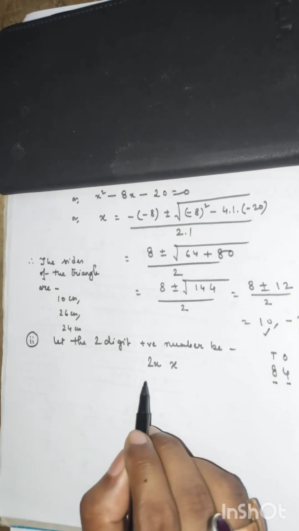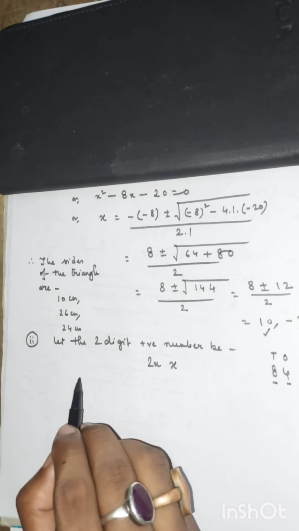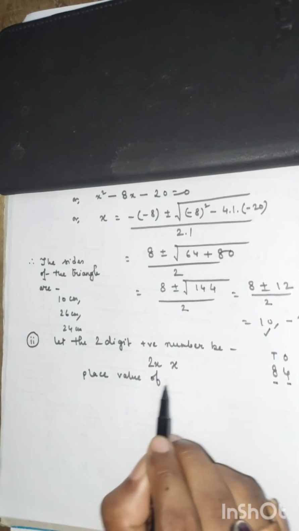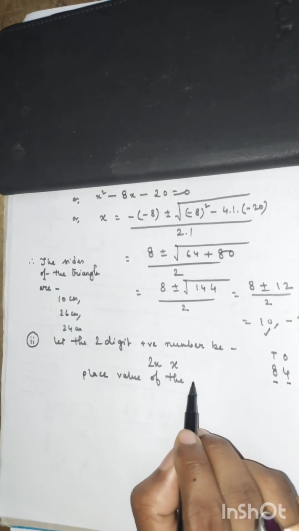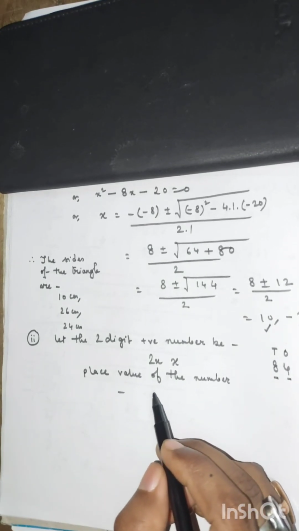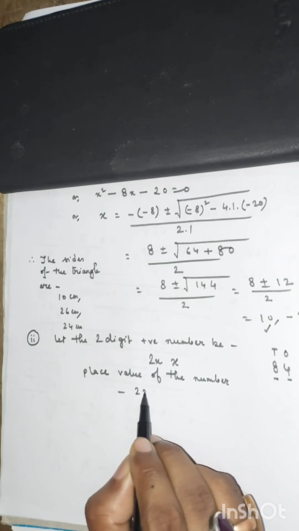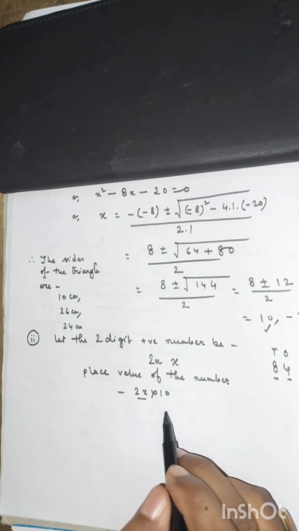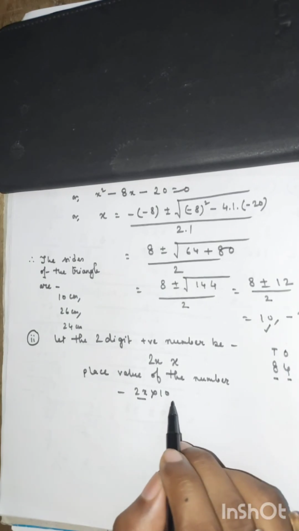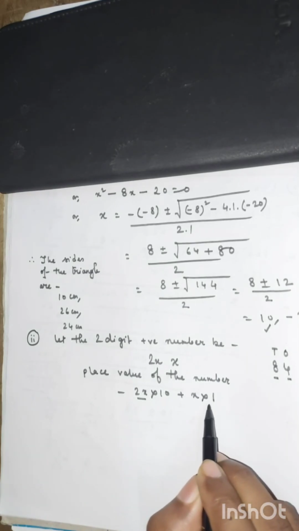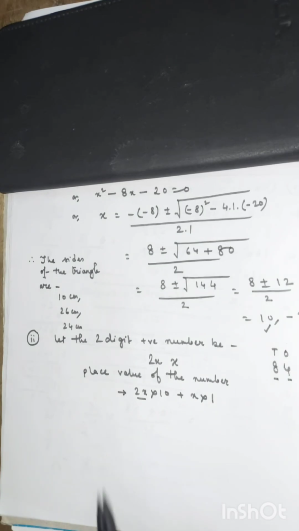Now the place value of this number is (2x into 10), because 2x is placed at tens place, plus x into 1 because x is placed at ones place. So this is our place value.